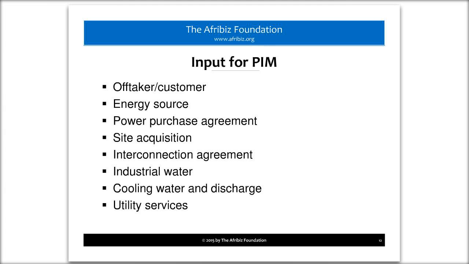Now, depending on the country, different countries have different processes. So, for example, in some countries, I think Kenya, but I can't remember, you can begin to negotiate on a power purchase agreement maybe earlier.